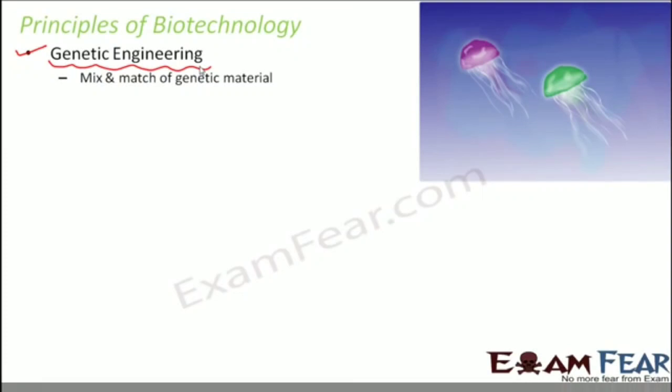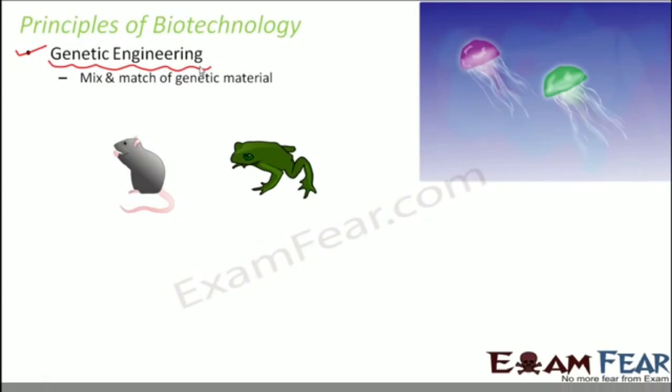Now let us suppose I want some other organism also to glow at night. Let us say I want a frog to glow at night, or I want a mouse to glow at night. A frog or a mouse doesn't have a gene which can make them glow at night. So I need to put that gene inside the body of a frog or a mouse.